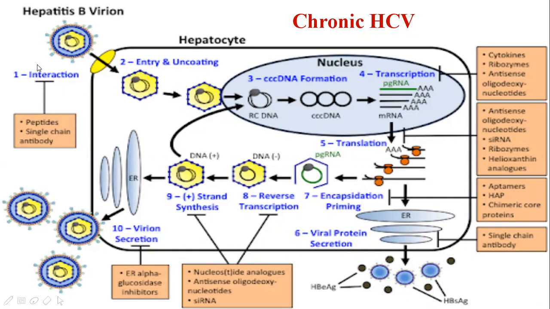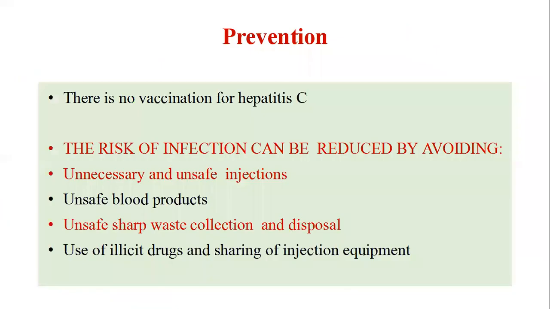First you can block the interaction between E1, E2 with CD81 receptors, and then you can block the entry, then you can block uncoating, you can block RNA formation or replication, you can block assembly, and you can block release also. So these are the 10 target sites scientists have identified to develop antiviral drugs against chronic hepatitis C virus infection.